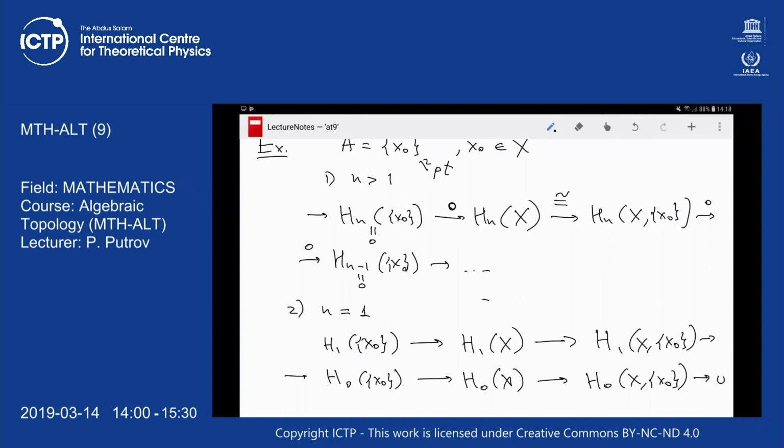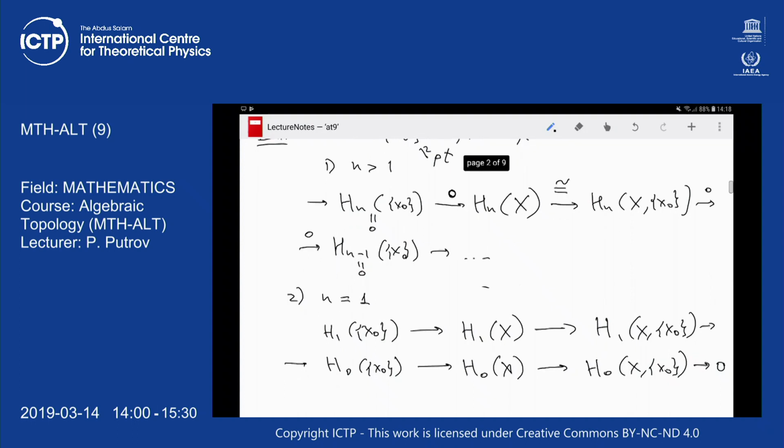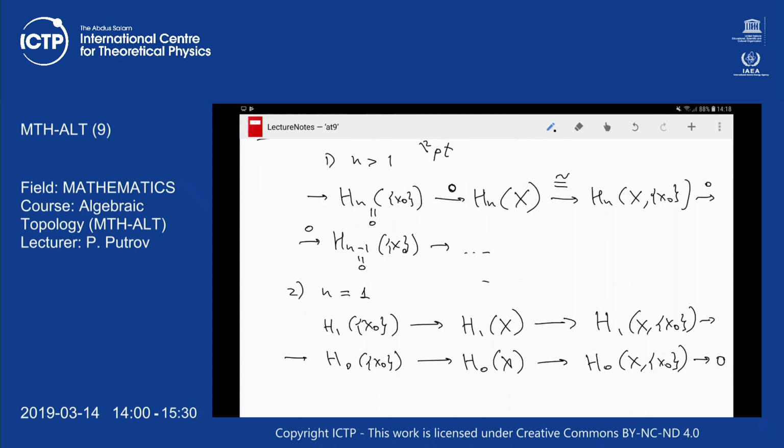And then it stops, right? There is nothing after 0 here, in this case. So again, this is still 0 for H_1, but this H_0 of a point is isomorphic to Z.